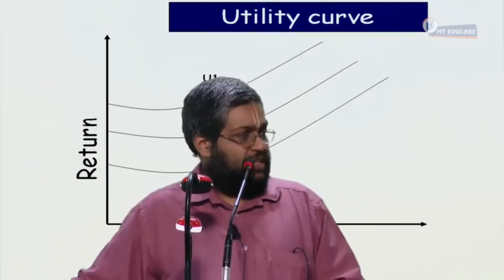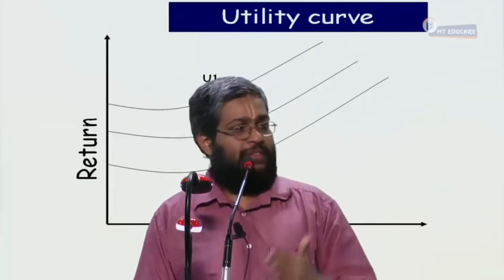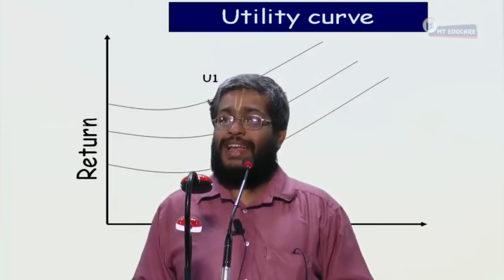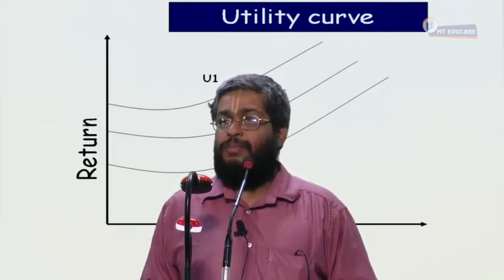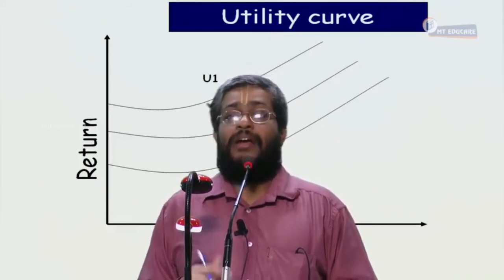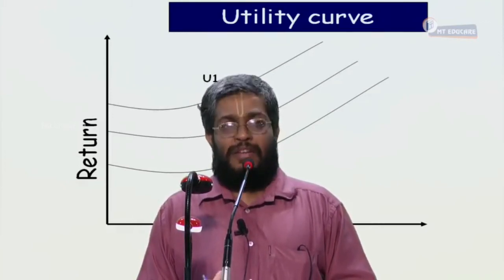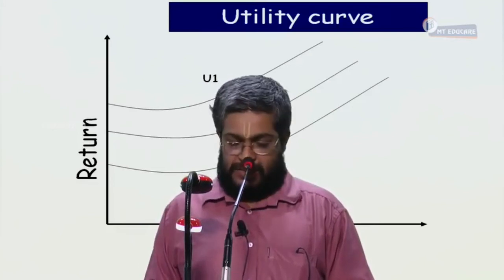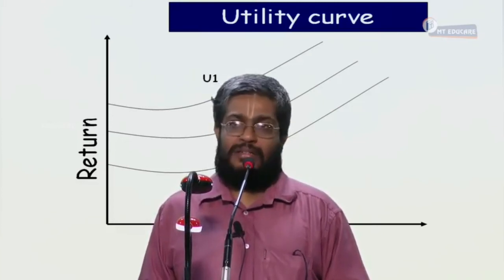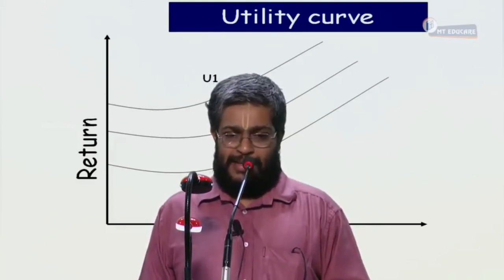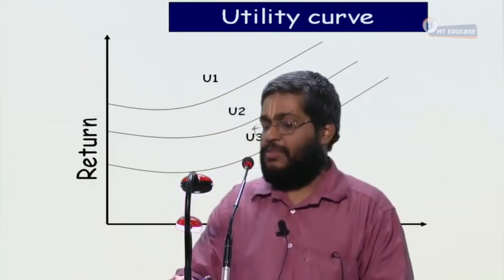Steeper means the slope is very high. A risk-averse investor will have a steeper curve because of higher A, compared to an investor who is less risk-averse. Can I proceed?